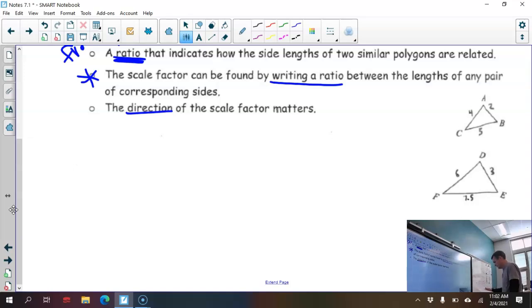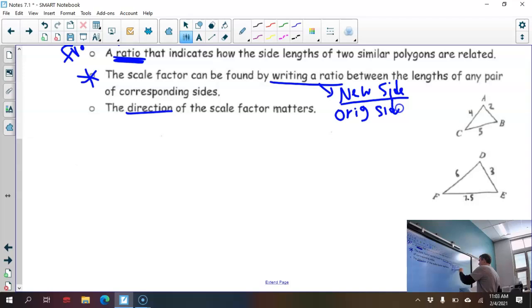All right, so if I were doing the scale factor, let me say this first. Your ratio is going to look like this: new side, sometimes we call that the image, over original side, sometimes we call that the pre-image. This is how you write the ratio.